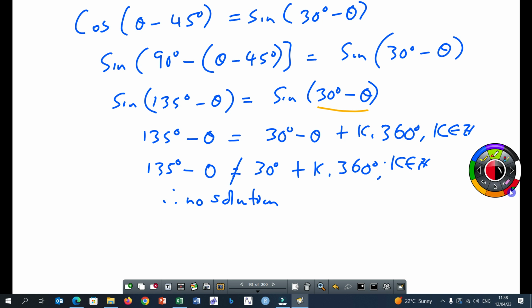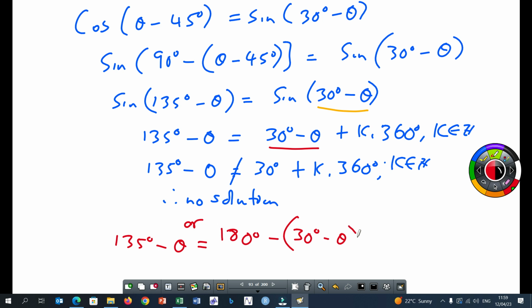Then the second one now, we say 135 degrees minus theta is equal to 180 degrees minus that reference angle there. Now this one is going to give us a solution. So here if I simplify, I'll get 150. I won't take it to the left, but I'll do it the other way around. Take the 135 to the other side.